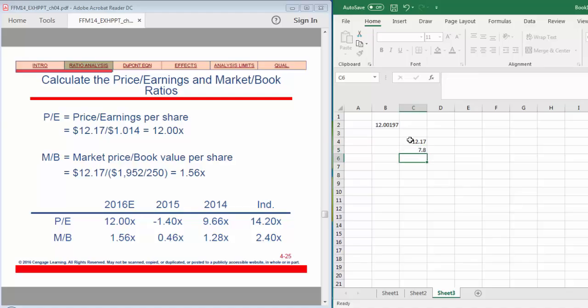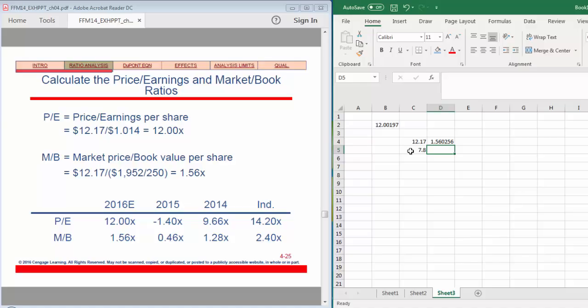So this is on the book, 7.8, and you can take this divided by this. So the market value is 1.56 times, which is good, because on book the value of each share is $7.8, whereas in the market it is 12.17. So the managers have done a really good job of increasing the value, book value in the market.